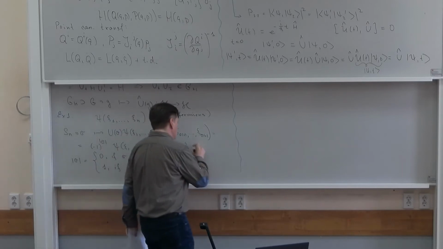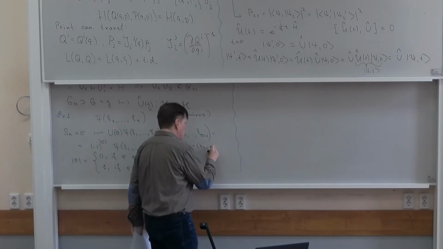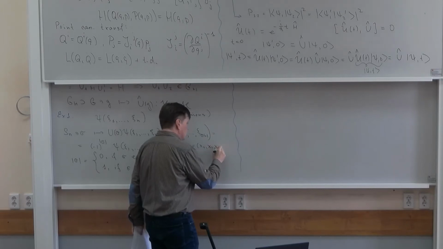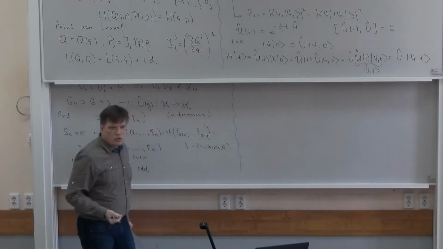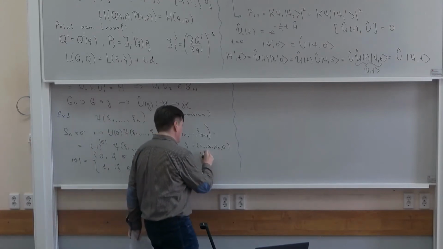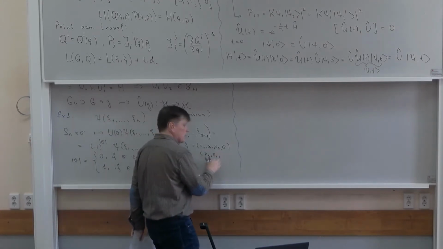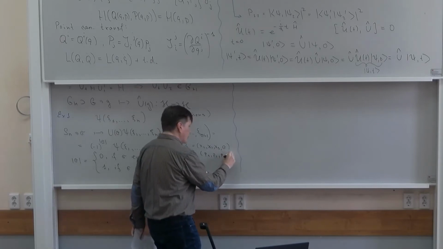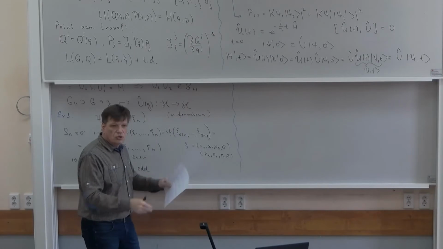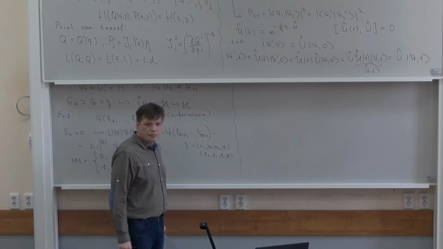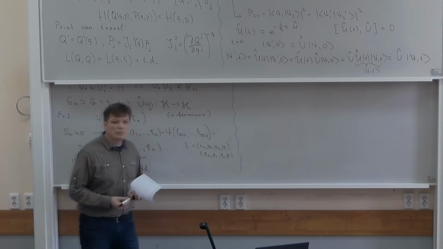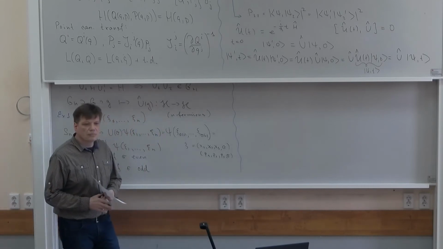For an electron, you can take position coordinates and the z projection of spin, or we can take its momentum and projection of spin, or some mixture of both.